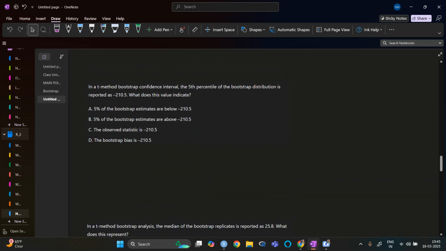Now, in the T method bootstrap confidence interval, the fifth percentile of the bootstrap distribution is reported as minus 210. What does this value indicate? Five percent of the estimates are below it, and the rest are above.